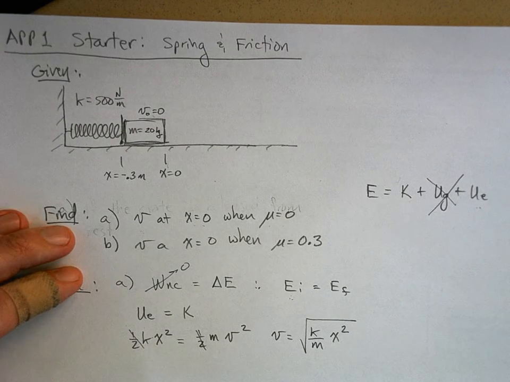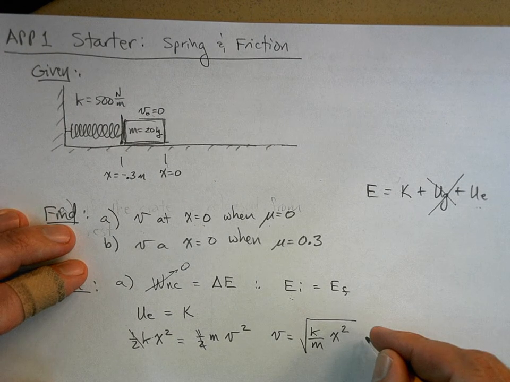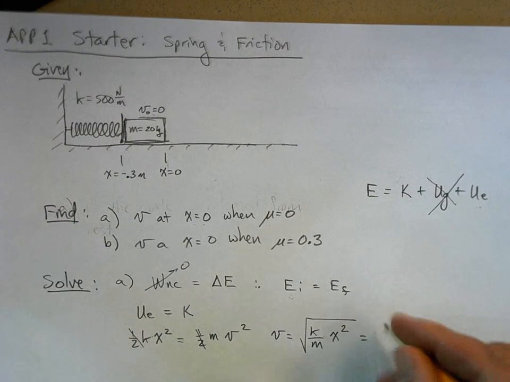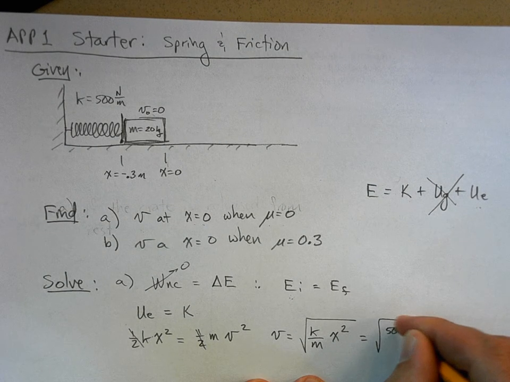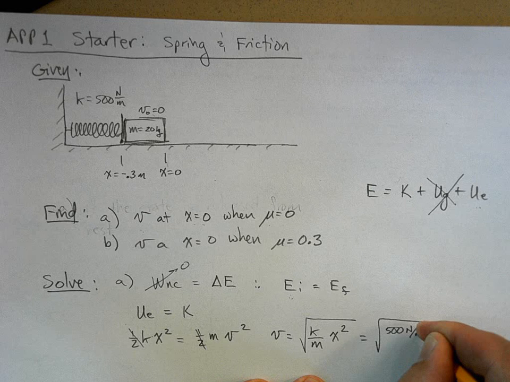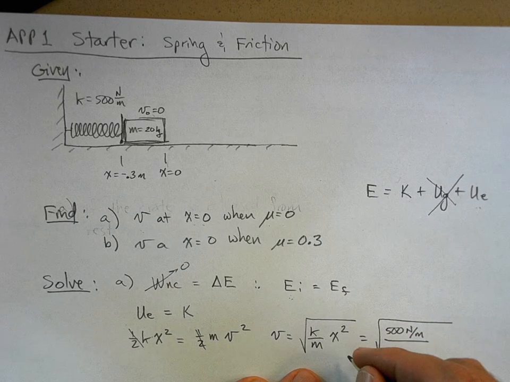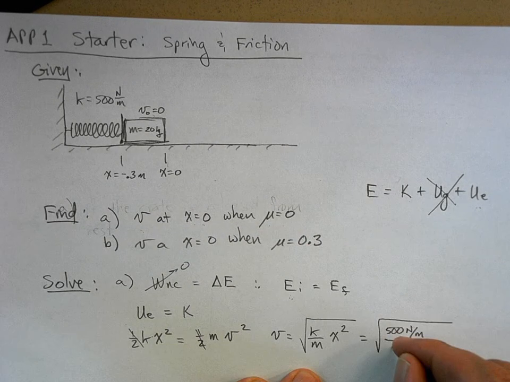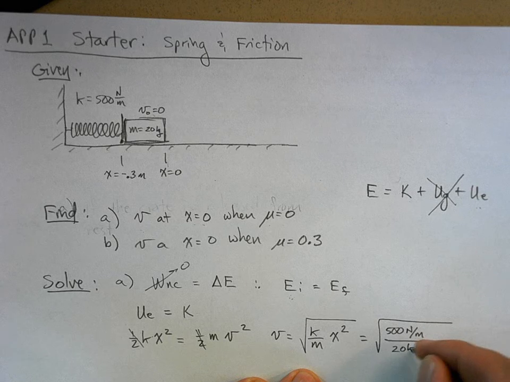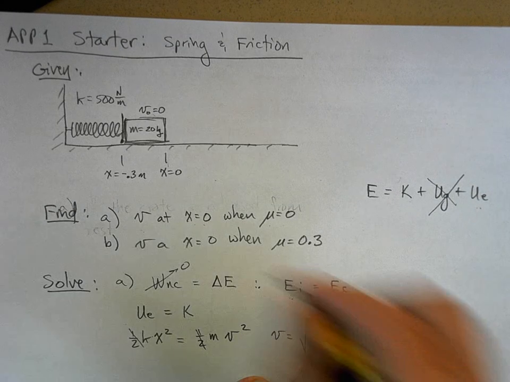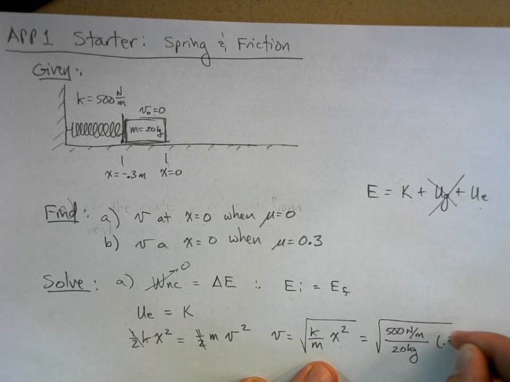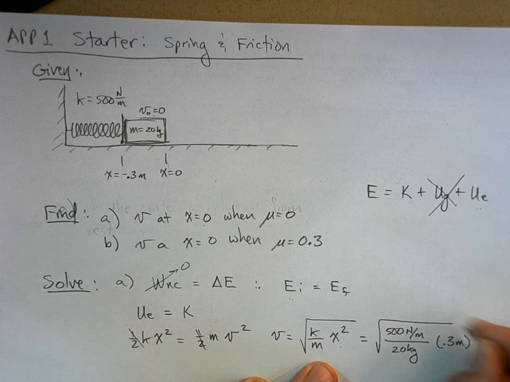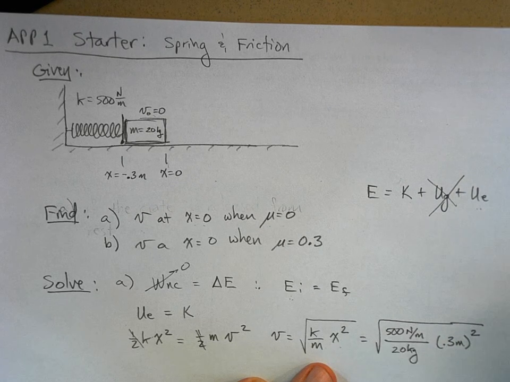And now we can plug in our values. k was 500 newtons per meter. The mass was 20 kilograms. And x was 0.3. You can put negative 0.3 in there if you want, but it's going to get squared, so the negative's going to go away.